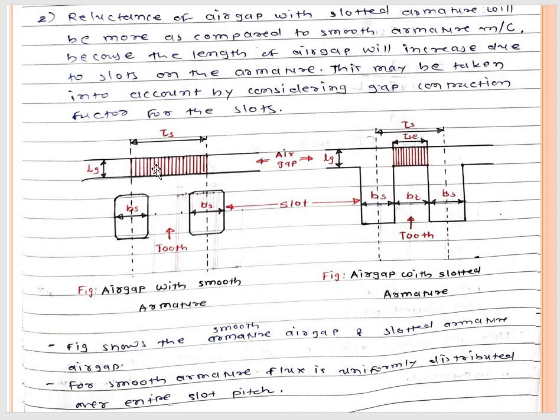In this is the smooth armature, this is the air gap, and air gap has length Lg. This is tau s, which means distance between two adjacent slots. Other name is slot pitch.